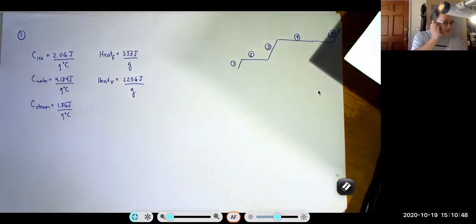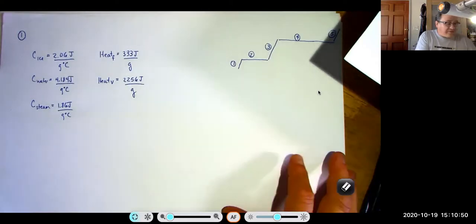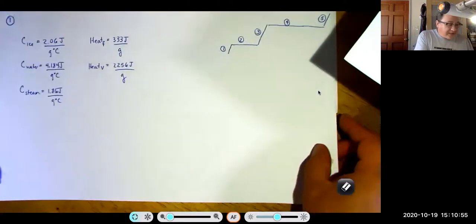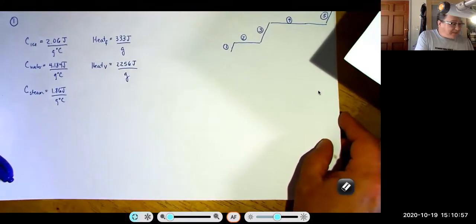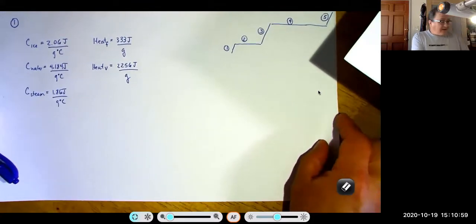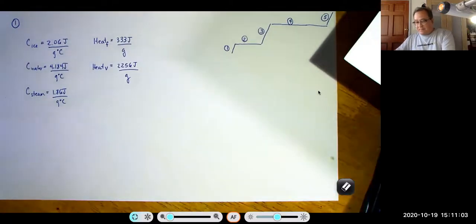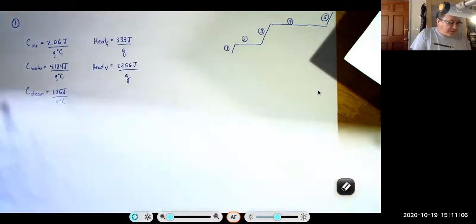All right. So calculate the energy needed to convert 500 grams of ice at minus 50 degrees Celsius to steam at 200 degrees Celsius. Now, I can already tell you what the answer is going to be if the figure drawn by the book is correct. So let's take a look at the figure in the book.